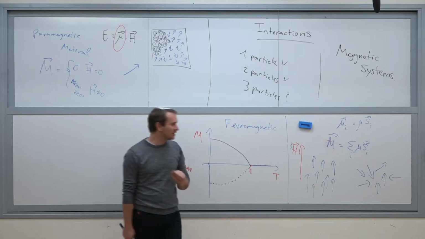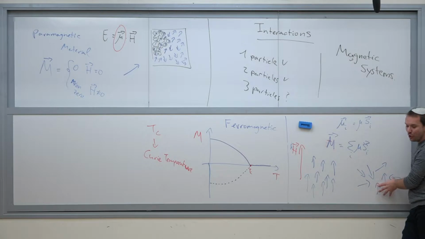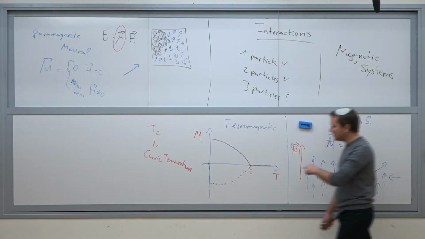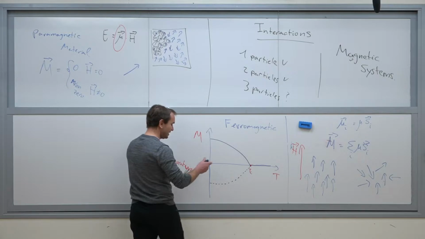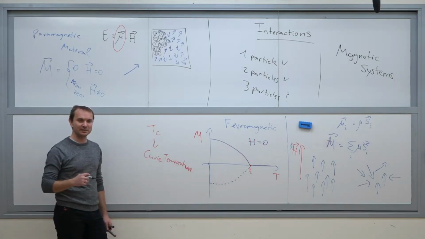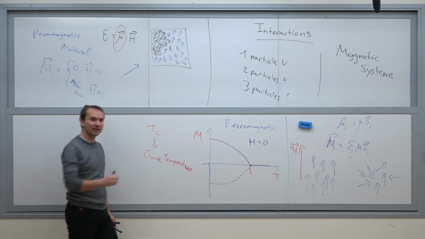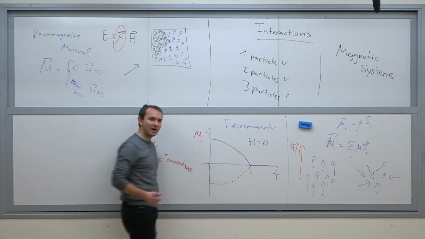Why spontaneous? Because what we believe happens is that if there is no order in the system and we do not apply any external field, we do not expect any magnetization whatsoever. What happens here is that for H equals 0, the system has a magnetization, and this magnetization changes as a function of temperature. It's a spontaneous magnetization. Why spontaneous?